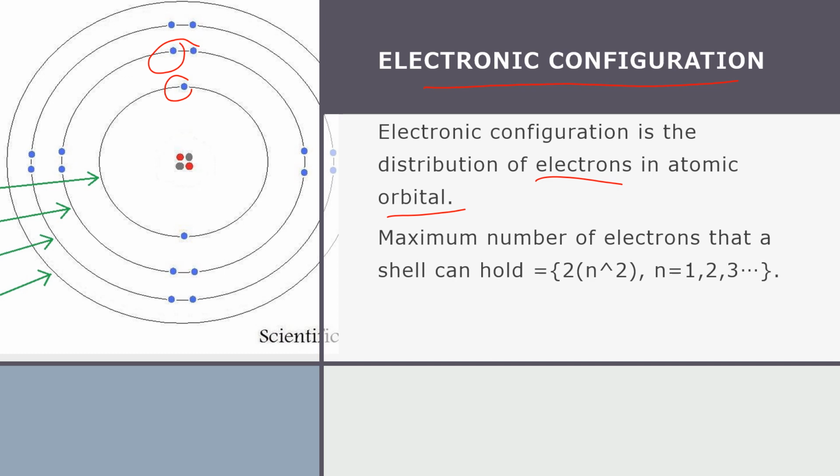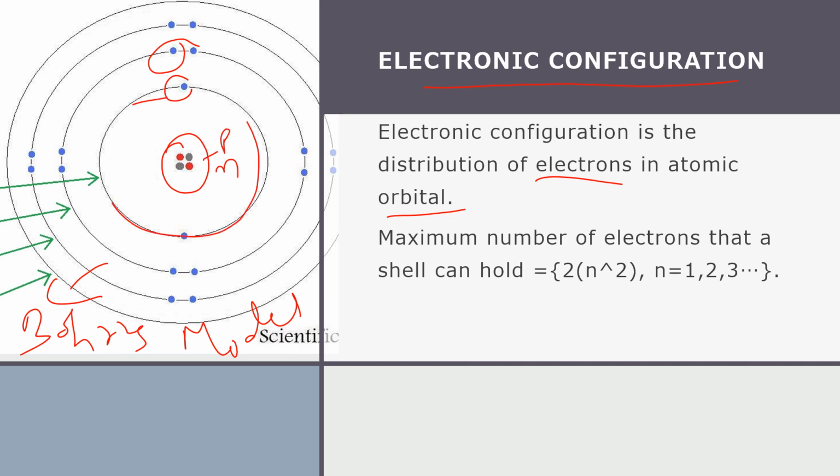Okay, so this is the Bohr's model of atom. In the center there is the nucleus which holds protons and neutrons, and outside the nucleus there are shells in which electrons are present.